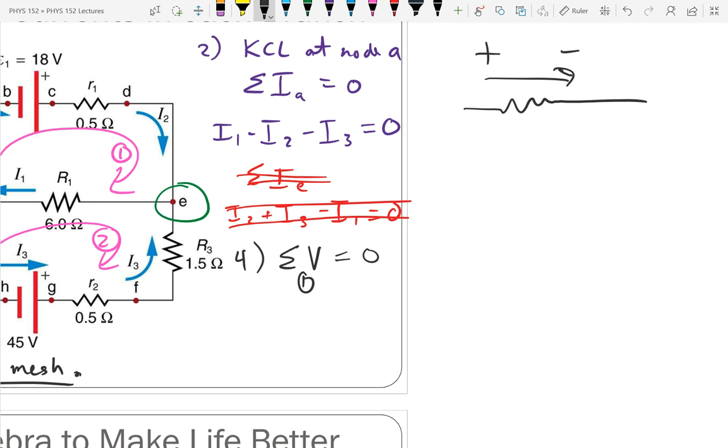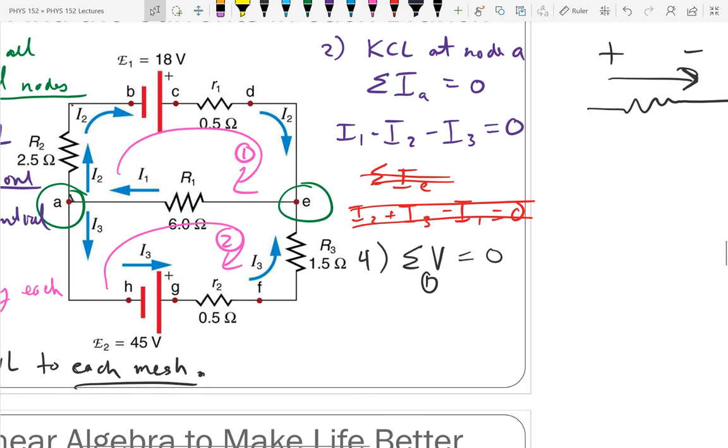The side with the arrow head where it's coming out is negative. So the bottom is the positive, the top is the negative. So that's a voltage drop. So I'm going to have minus, and I'm not going to write 2.5 ohms because it takes more writing than R2. So I'm just going to put Ohm's law, I2, R2. Now I'm going to have you say the rest of them, okay?